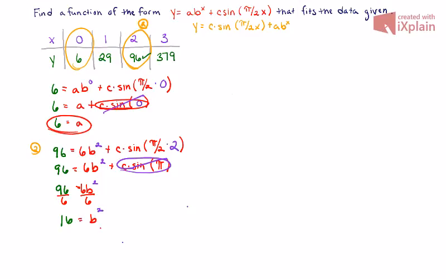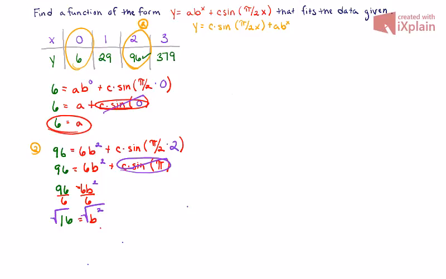Now that we have the b squared isolated, we're safe to go ahead and take the square root on both sides. And note here that b is representing the percentage of what we have left. And also, if you recall from Math 141, b is going to have to be a value between 0 and 1.